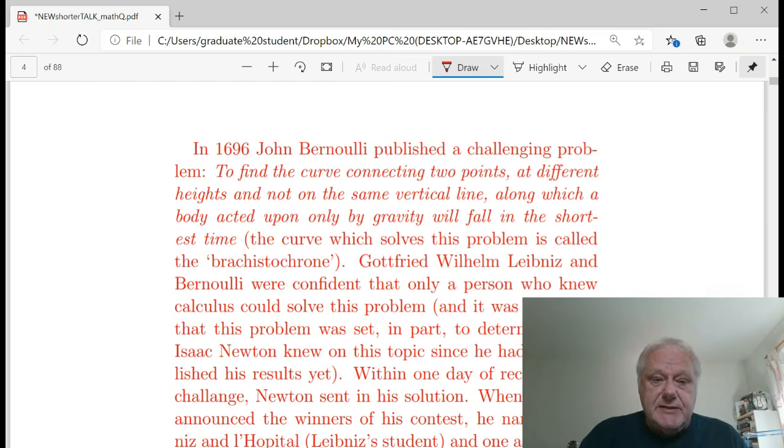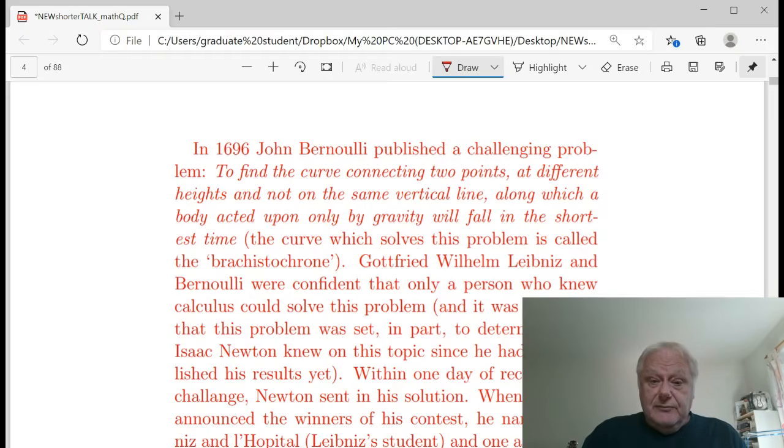So this is in the 17th century. Find the curve connecting 2 points, at different heights and not on the same vertical line, such that a body acted upon by gravity only will fall the shortest distance. So this is called the brachistochrone problem.